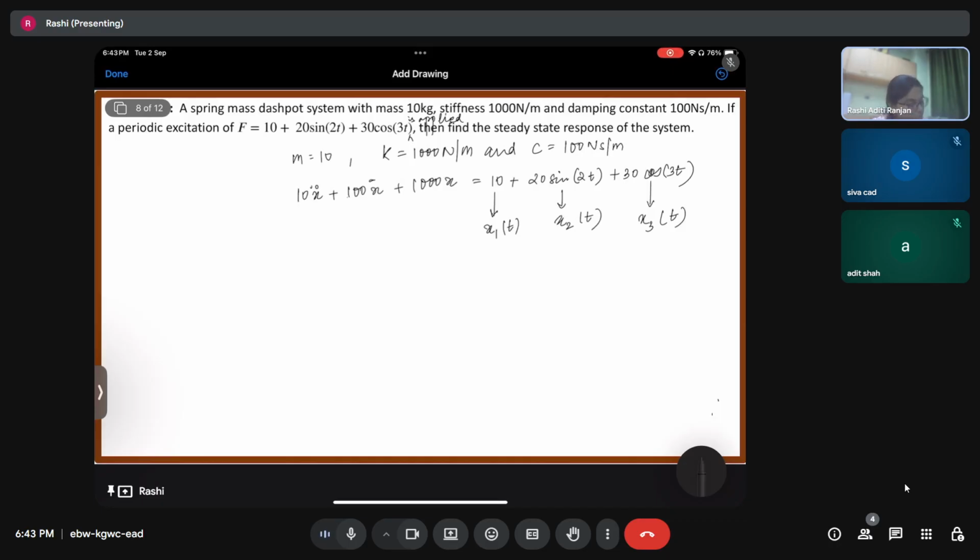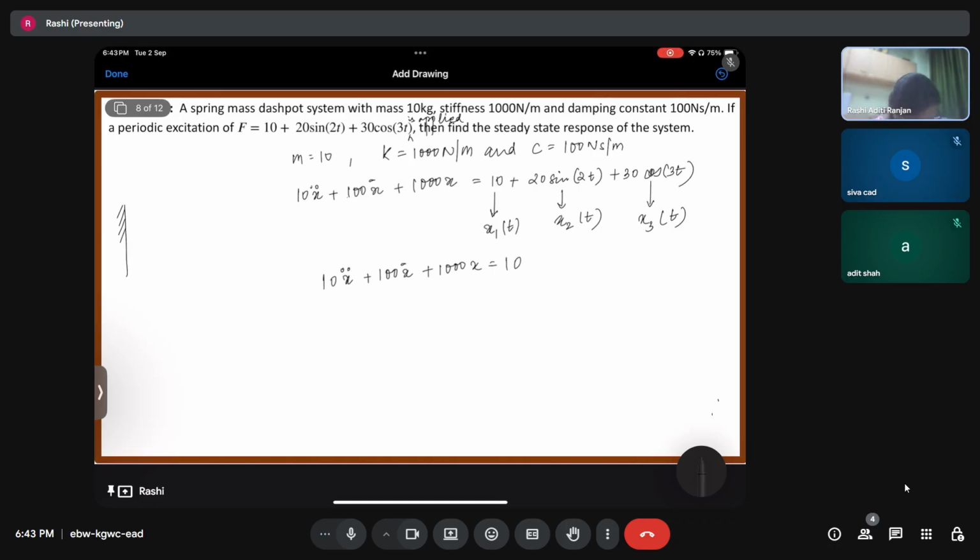So for the first one we have 10 x double dot plus 100 x dot plus 1000 x is equal to 10. If you look over here, what is the kind of system that we are having?